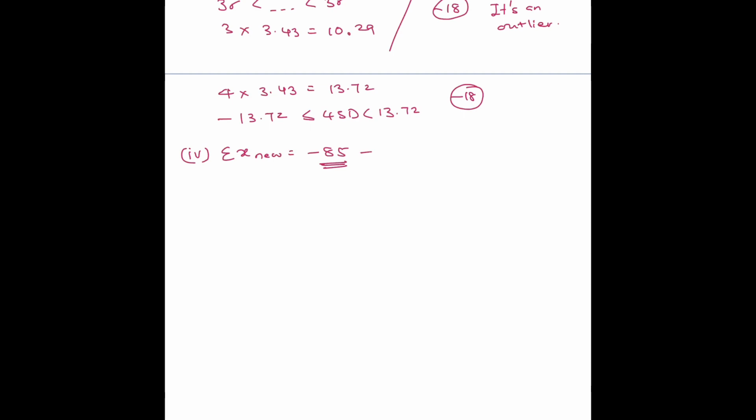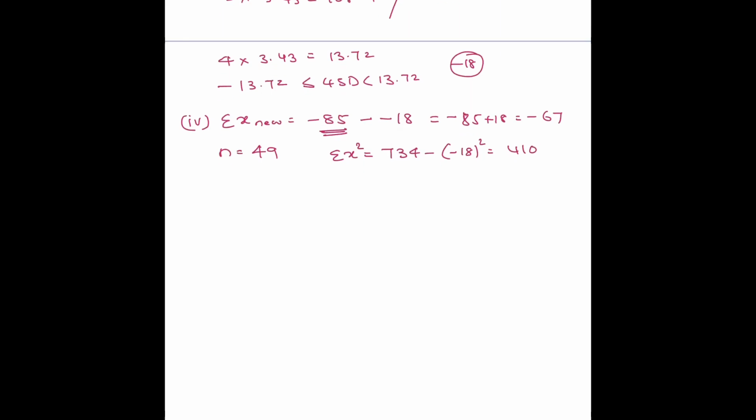So negative 85 plus 18, so it's negative 67. Now n new: there were 50 values, one value removed, now we have 49 values. Sigma x squared was 734. We need to remove that also, minus negative 18 squared, so this is 410.